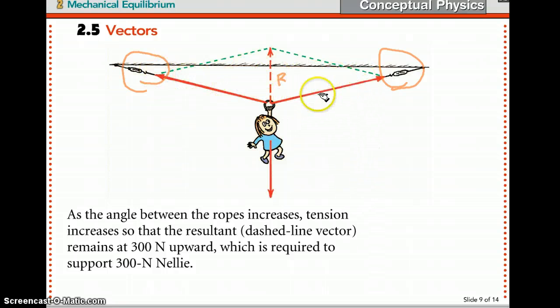So you slide this red one over to here, and then you slide this red one over to here, and you draw in the diagonal, and what that gives us is the resultant, and it should match Nellie's weight. She's the only weight acting on this. It's her force. And so you can see, the further you spread these out, the more horizontal the tension is, the bigger it's going to have to be.